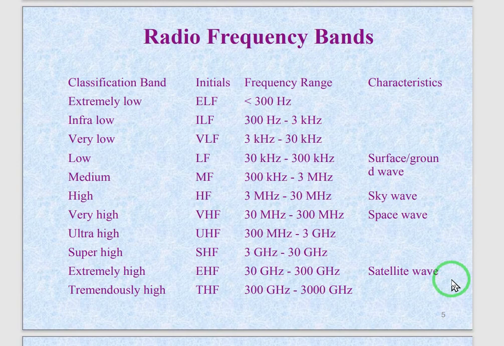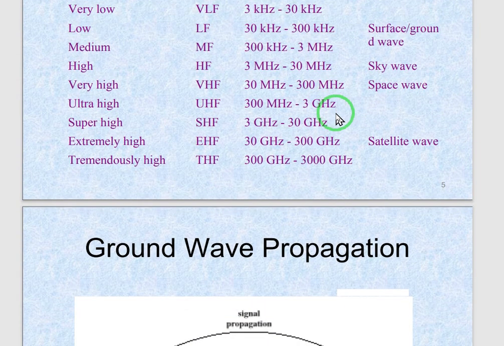These are the radio frequency bands. We have discussed these bands at the start of this course. These are the radio frequency bands by which the signal travels in some specific frequencies.